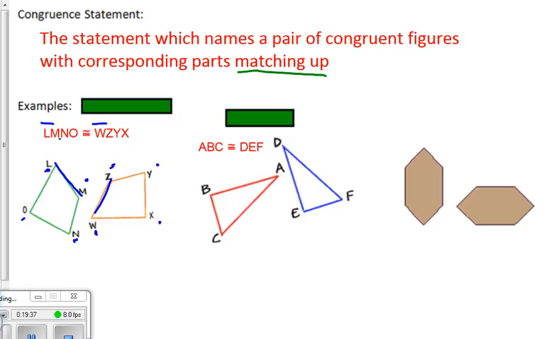I could say N to O is the same as Y to X. So N to O, this one, is the same as this one. So you have to write the letters in the correct order to make sure they match up.